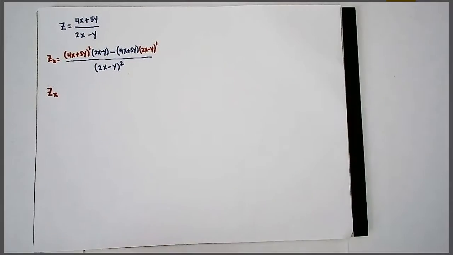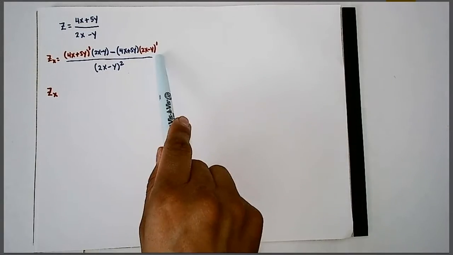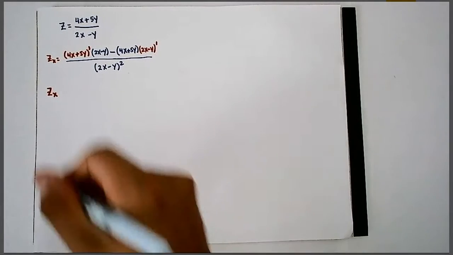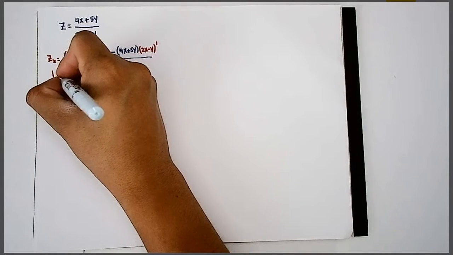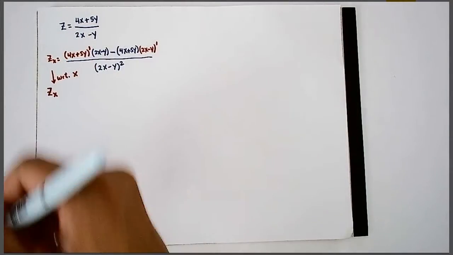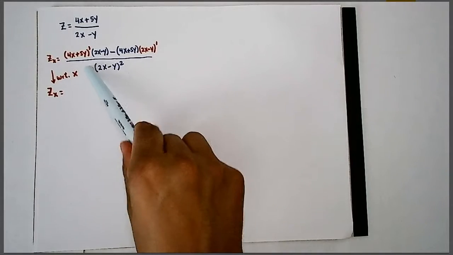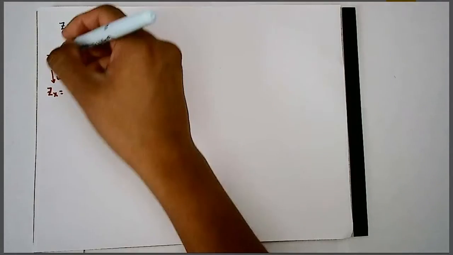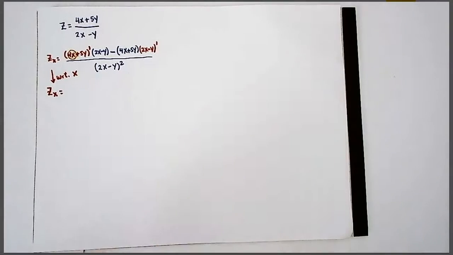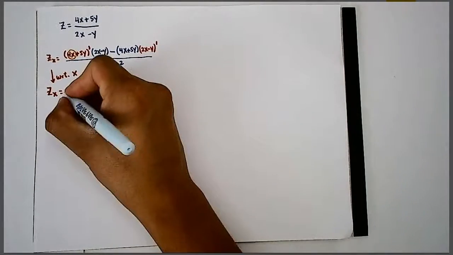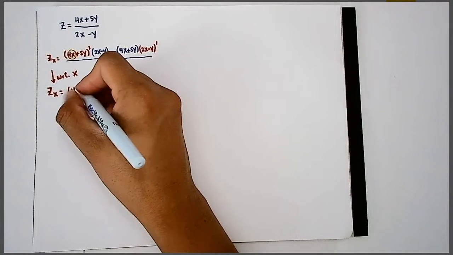Both factors which are in red are the factors that we will take the derivative of, and remember, with respect to x. In this factor, only 4x contains x. So the derivative of this factor with respect to x is simply 4.